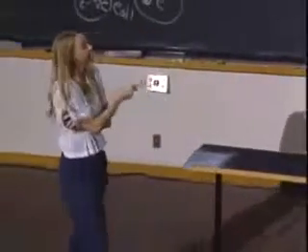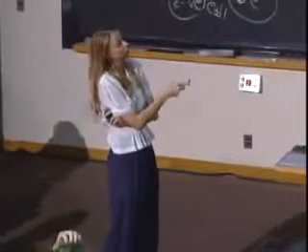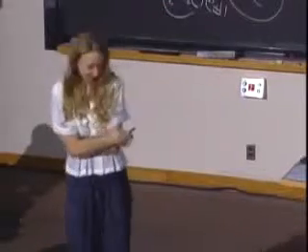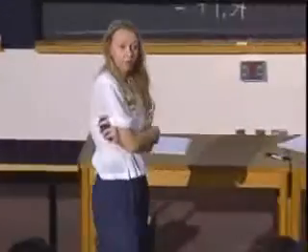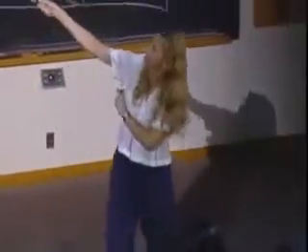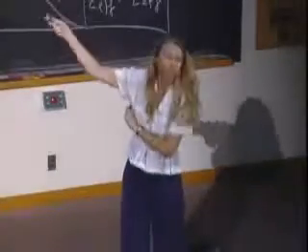We have an exception here, chromium. Chromium is not what you would expect. Chromium is not 4s2, 3d4. Chromium is 4s1, 3d5. There's really no way for you to know that a priori unless you do a very sophisticated calculation. But it is experimentally observed that this is the configuration.